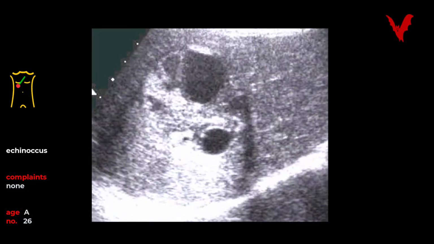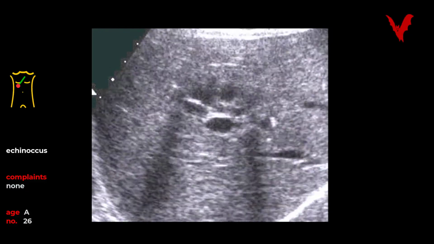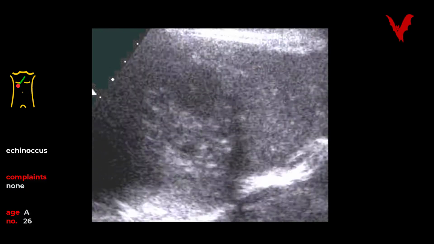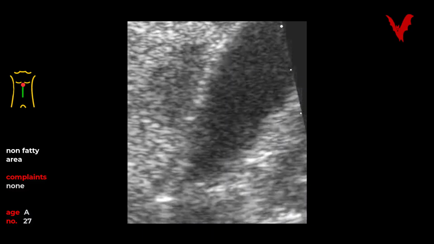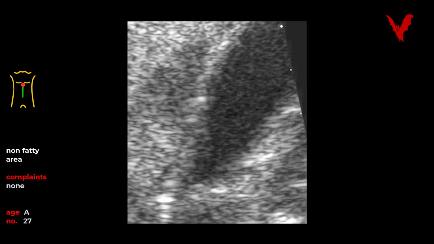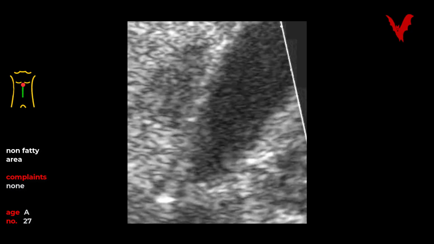This echinococcus is rare in Europeans, but it is posing a real problem for Mediterraneans. A better nourished, oxygenated liver area is, however, of no importance, like here in figure 27.